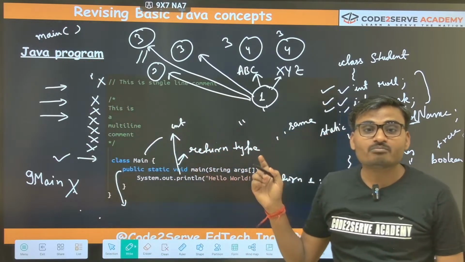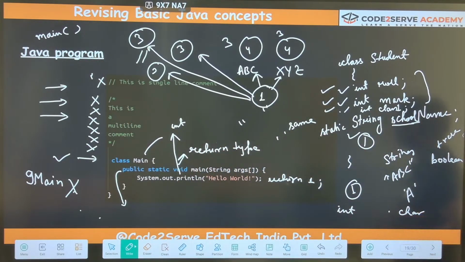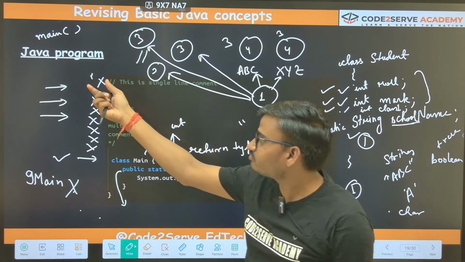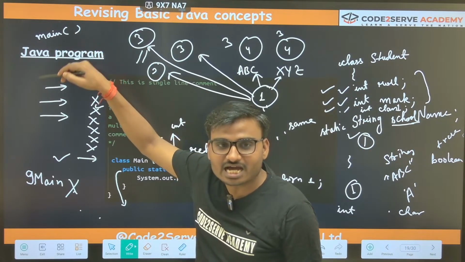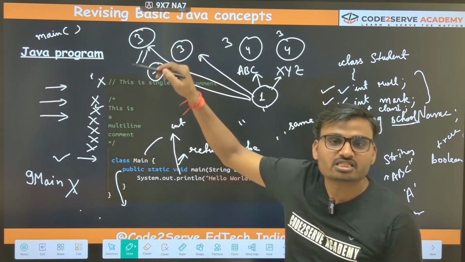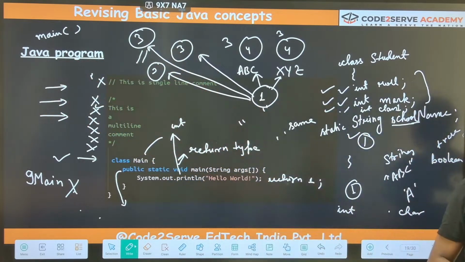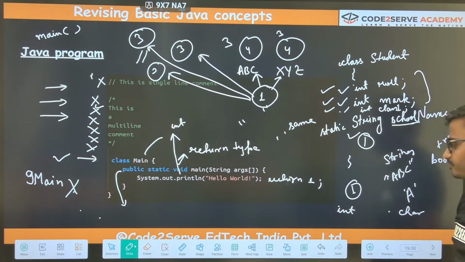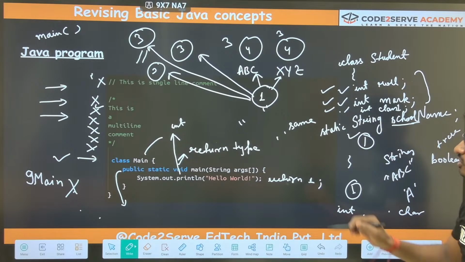So with any word or keyword, if there is a parenthesis attached to it, that is a method. A method is basically a function. Method and function are pretty much the same thing. So this is pretty much clear.